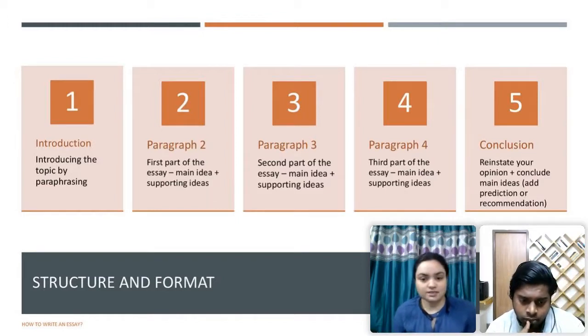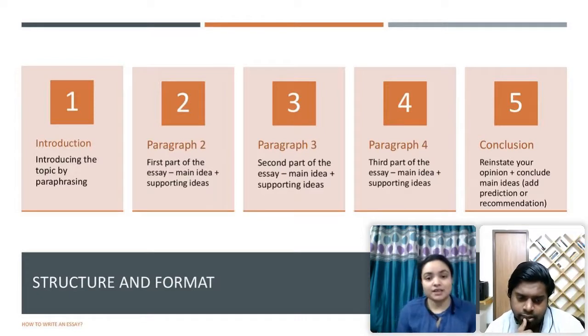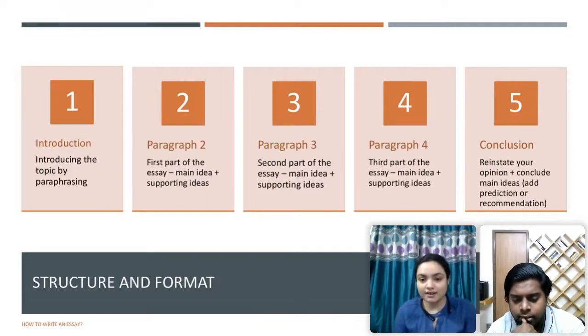The second one is advantages. We've discussed this. It was in the plan. The third one being disadvantages, supporting it. And the fourth one is where we give our stance. Where do we stand? What do we think are more advantages or disadvantages? And the last one is the conclusion, something we just saw.